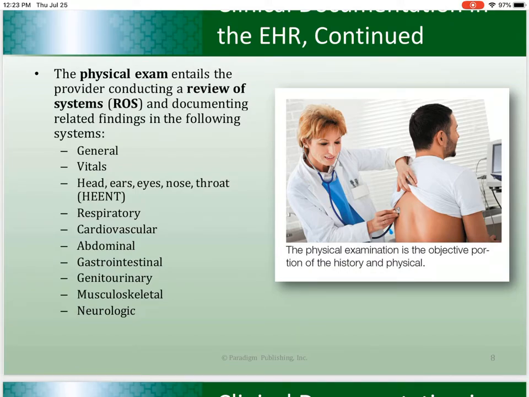Then you have your head, ears, eyes, nose, and throat, or HEENT, respiratory, cardiovascular, abdominal, gastrointestinal, genitourinary, musculoskeletal, and neurologic.